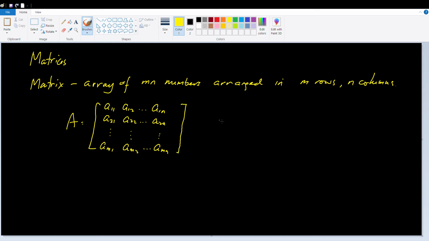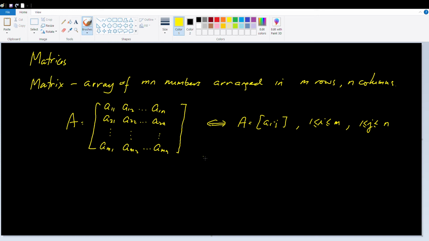So we can write A as Aij, where Aij represents all the elements of matrix A with i ranging from 1 up to m and j from 1 up to n.